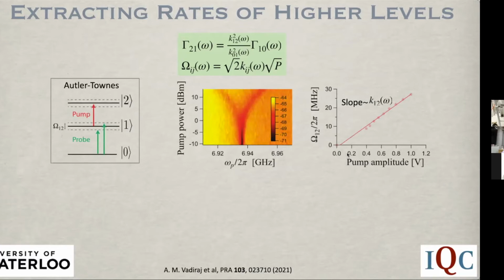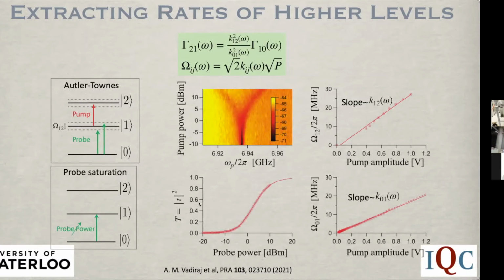So we can use a combination of well-known atomic physics effects. For instance, we can look at the Autler-Townes splitting when we do the two-tone spectroscopy to get the coupling between the 0 of the 1-2 transition to the line.